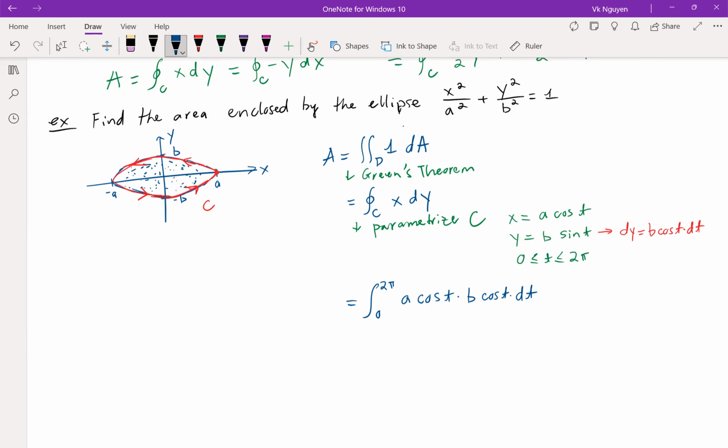Okay, so what do we have here? We have ab, integral 0 to 2 pi, cosine squared t dt. And most of you already did this in math.